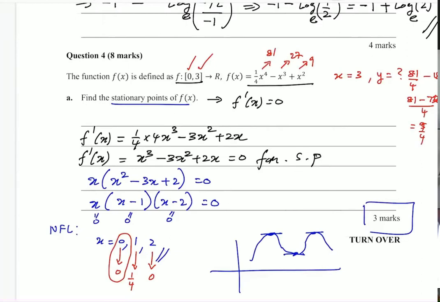So it's going to be 9 divided by 4, which is 2.25. So that means when x is equal to 3, y is equal to 2.25.